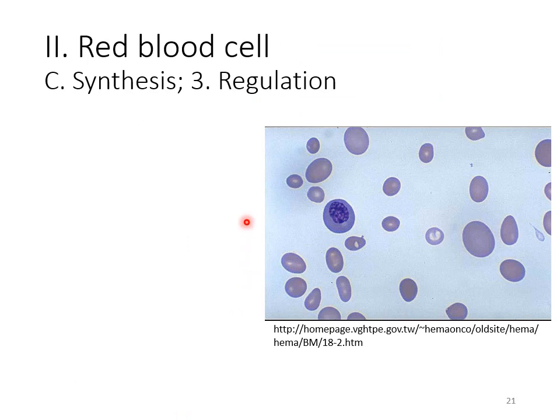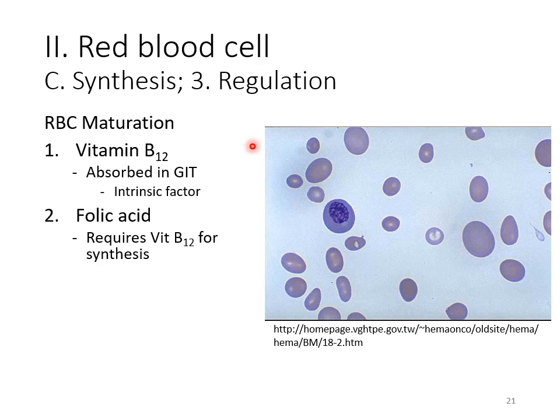So your EPO will stimulate the differentiation of your stem cell into an erythrocyte. However, of course, you need to ensure that the proerythroblast will properly mature into an actual erythrocyte. And there are two very important nutrients needed for that to happen, your vitamin B12 and your folic acid.